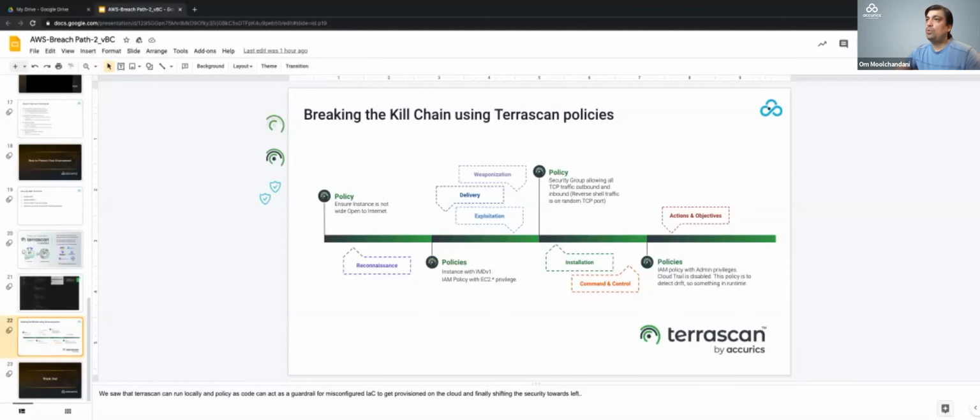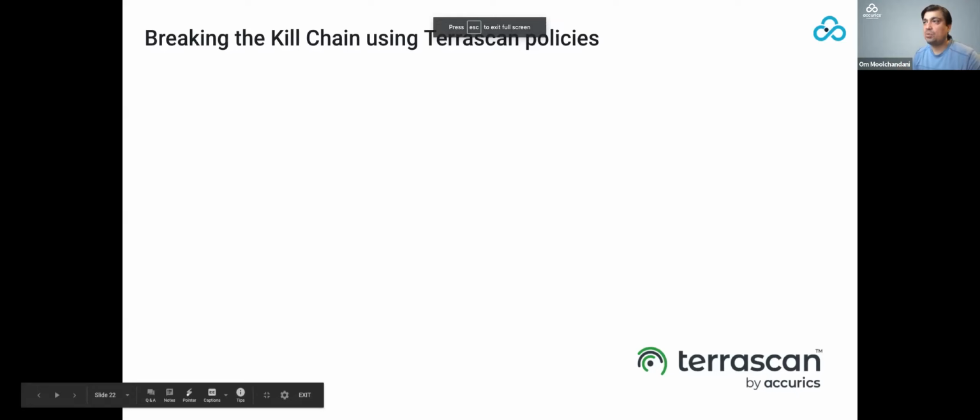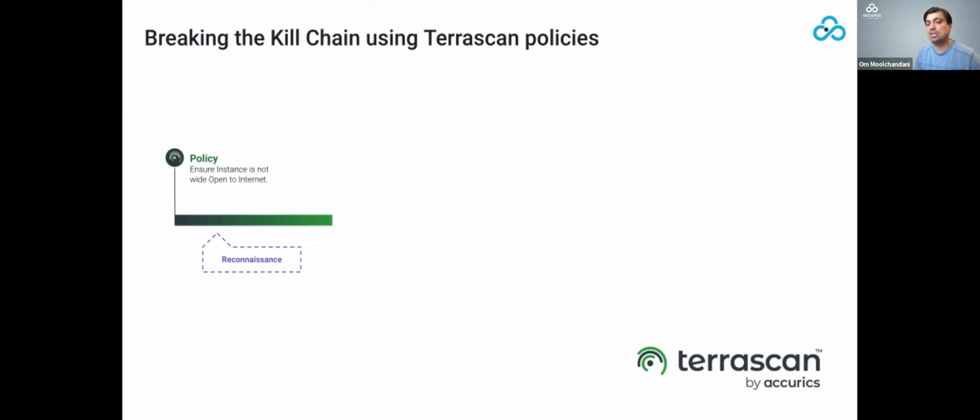So what we saw today is how we can get into a vulnerable environment by taking advantage of vulnerabilities as well as misconfigurations. We can perform the entire breach path, live hacking on a live AWS environment, but all of those breach scenarios and attack patterns can be detected by doing infrastructure as code scanning.